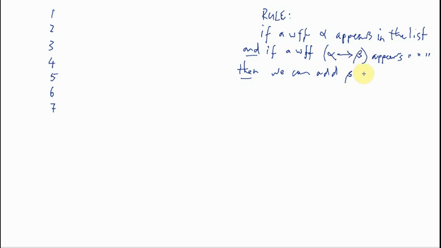We can add beta to the list. So that's straightforward enough. If we have a list, let's write it here. We have a list, the first line of which is alpha, and the second line of which is alpha arrow beta. Then, by the license that we are given by this rule, we can add to the list beta.